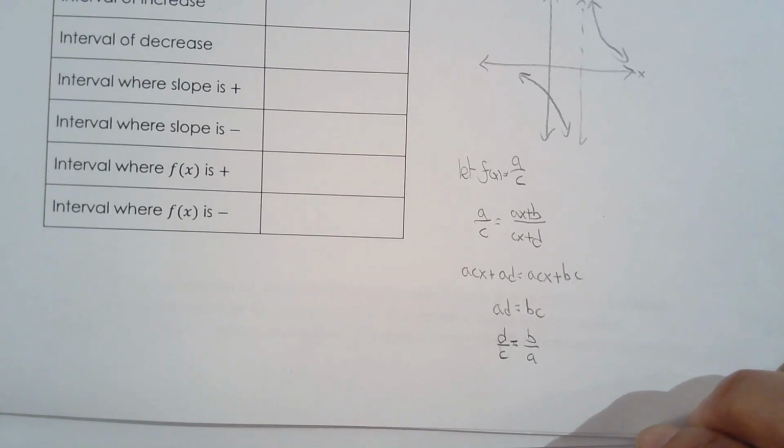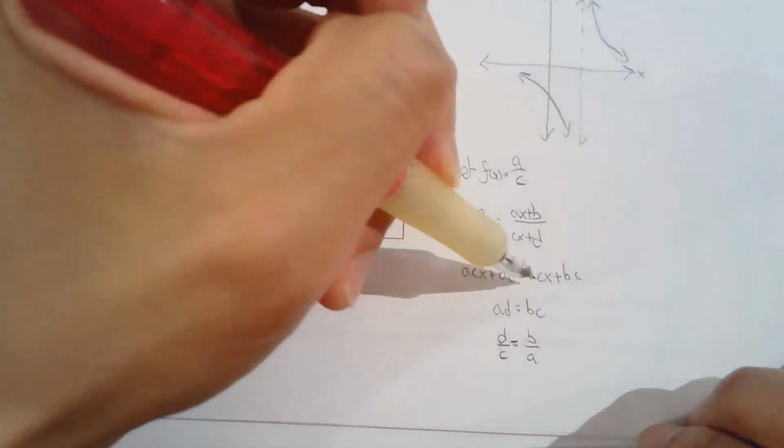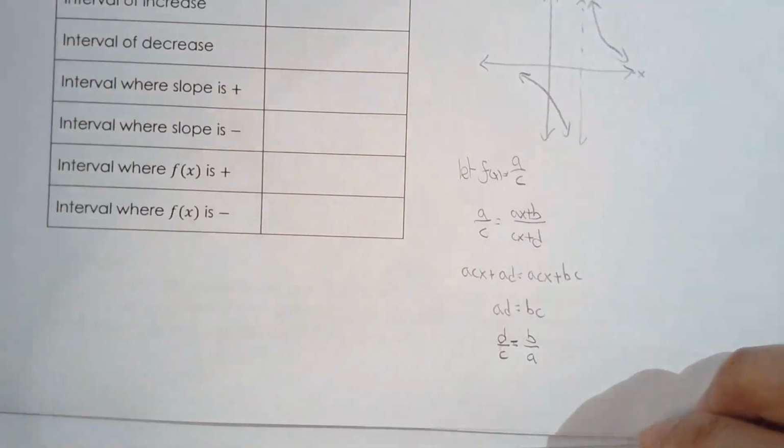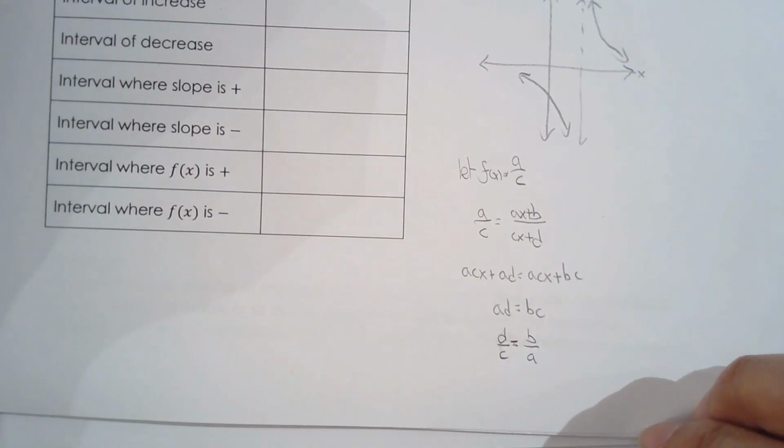And that's a very special circumstance, which we'll talk about in the next lesson when we talk about simplifying rational functions. But as you can tell, the x terms are canceled out. So we're basically showing you that the horizontal asymptote is never crossed, okay? Whenever you work with a linear over linear rational function, the horizontal asymptote is never crossed.